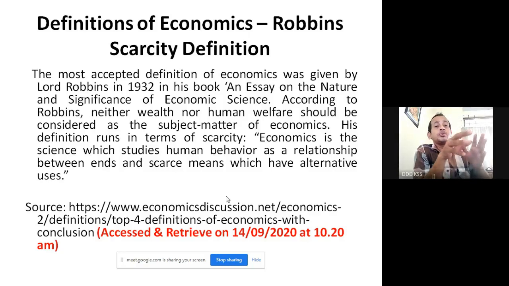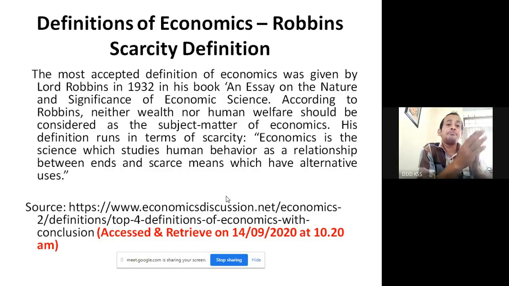Now, if we look into the three definitions: first given by Adam Smith, that is the wealth definition. Second given by Alfred Marshall, the welfare definition. Then the Robbins definition known as the scarcity definition. These three definitions have three different points of view.